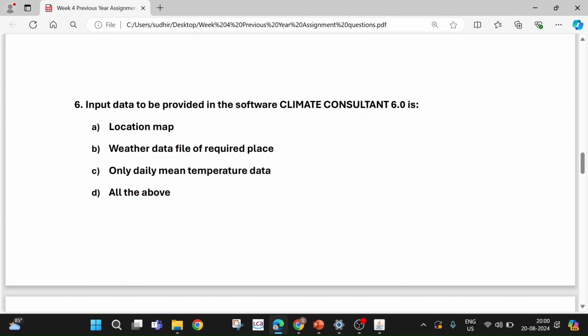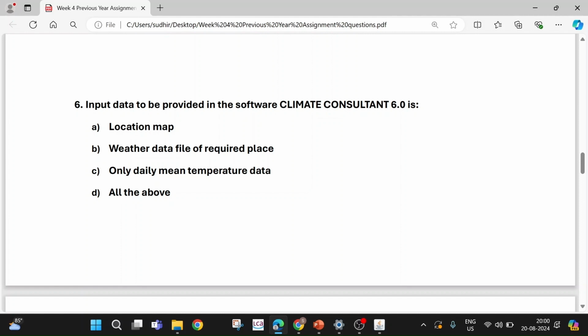So daily mean temperature data is not incorporated in the weather data files. It is talking about the input data that you have to provide. So for the input data, what answer were you giving? B. Yeah, B will be the right answer.